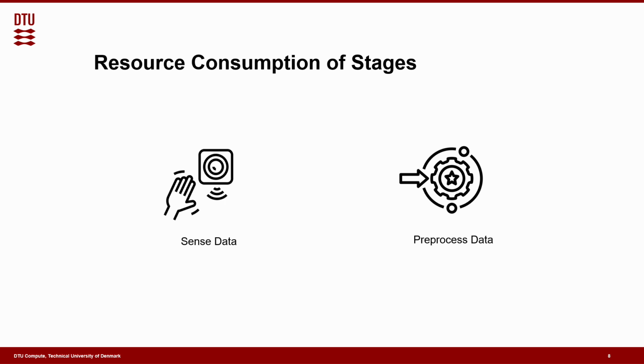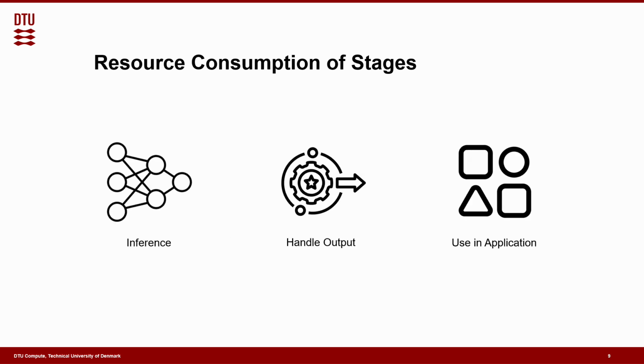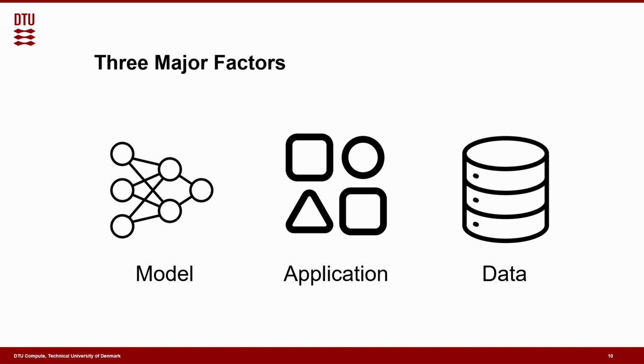And then in the later stages, such as when you're pre-processing data, when you're running inference on your machine learning model, handling the output and the application and so on, you're all the time processing some data and saving the results. So you're again consuming some compute, memory, time, and energy. And this is really what we want to try to minimize when we are creating tinyML applications.